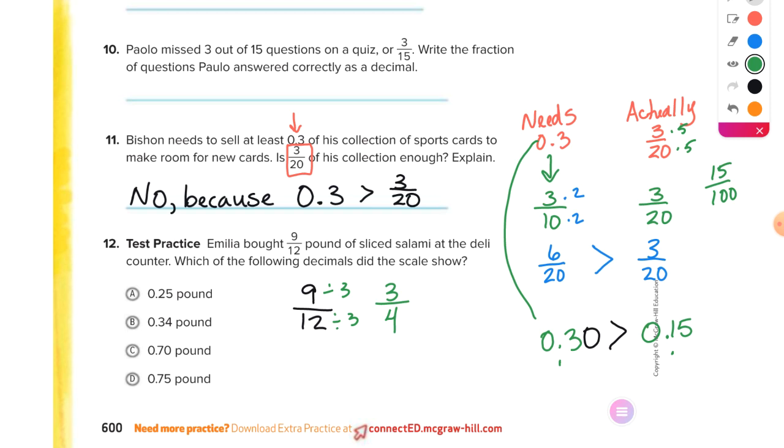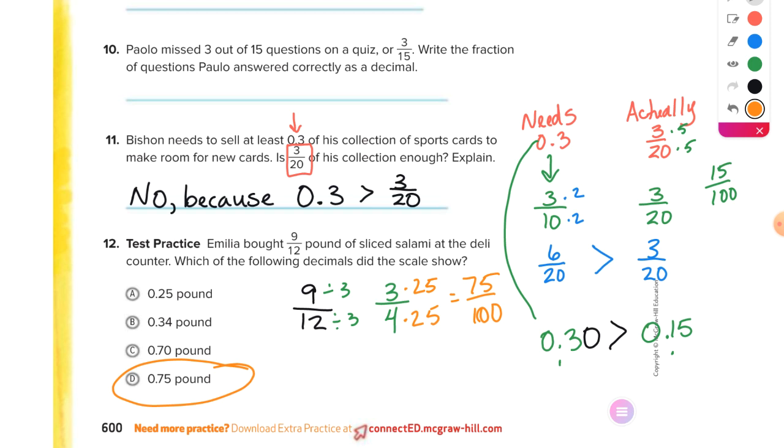Clara, what can I multiply 4 by to get it to be 10, 100, or 1,000? By 25. So I'm going to do times 25 times 25. So we get 75 over 100, which is that one. And here's something I haven't mentioned so far.